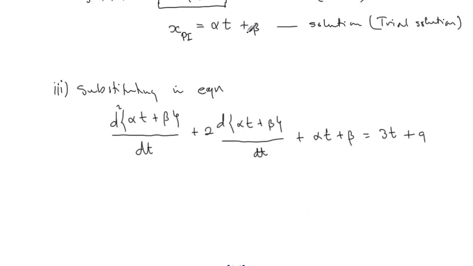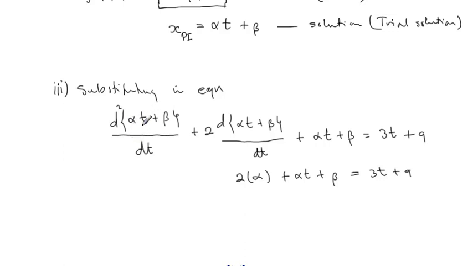Having this supposed to be a solution, we expect it to satisfy this equation. Otherwise, whatever I get here should be a balancing equation. Differentiating this once, we know that's going to give us alpha. So we've got here 2 multiplied by alpha, because that's a linear function, plus alpha t plus beta equals 3t plus 9.